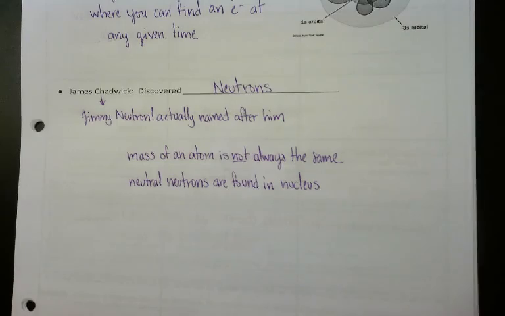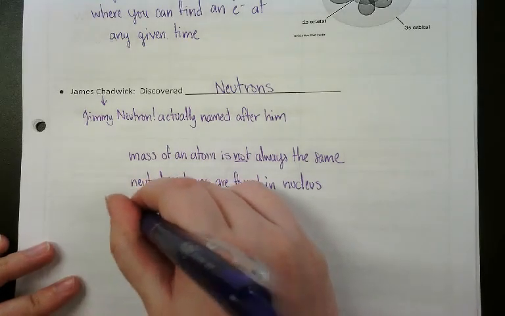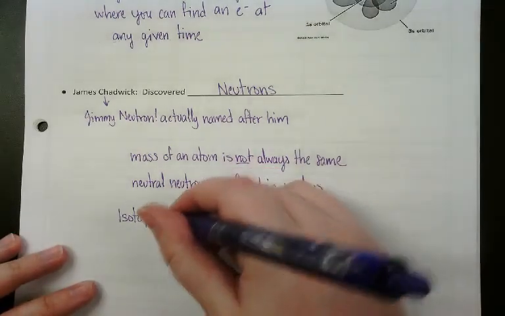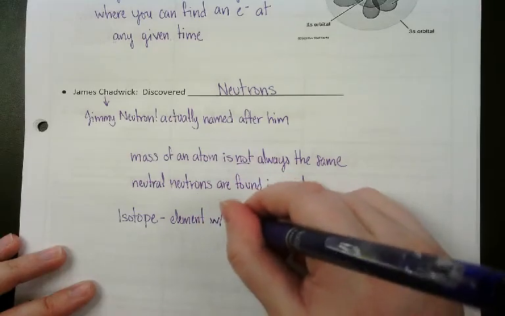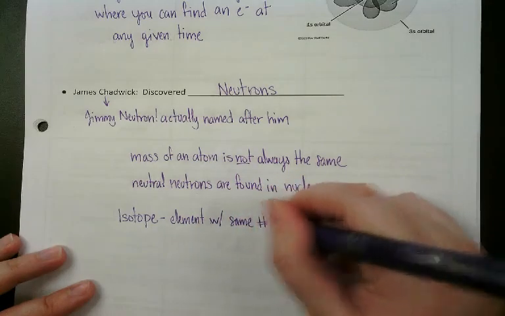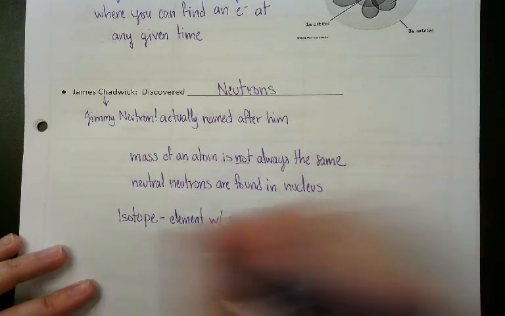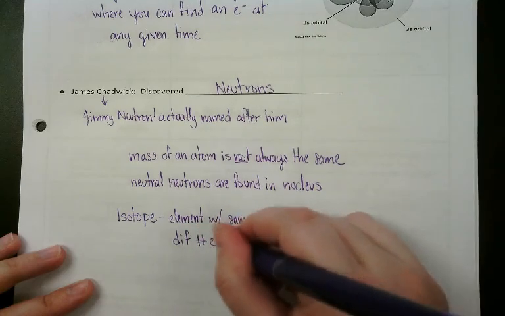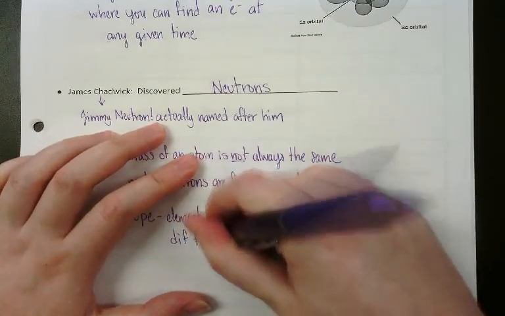Along with this discovery that the mass of an atom is not always the same came the discovery of what we call isotopes. So an isotope is an element with the same number of protons but a different number of neutrons.